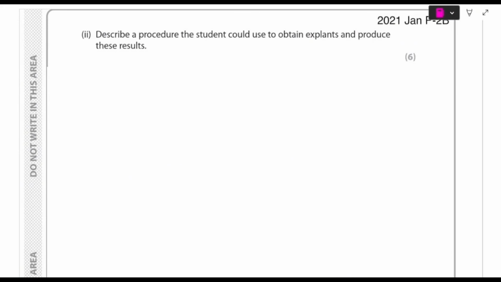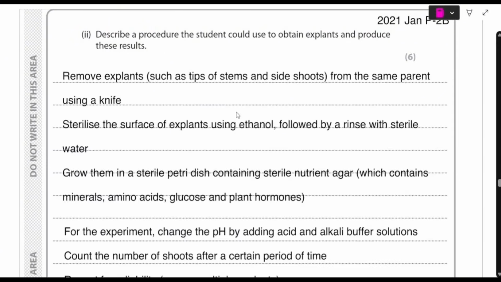Then they start growing as we put them in optimum temperature and pH. Then when they grow into shoots and roots, we transfer them to compost containing fertilizers or nutrients. So this is the answer.